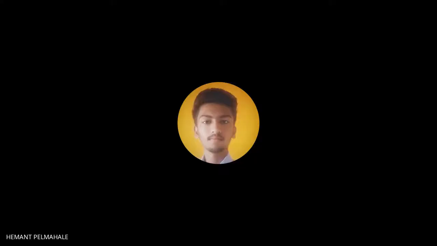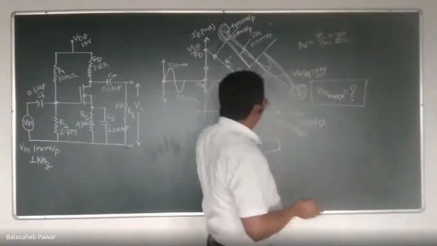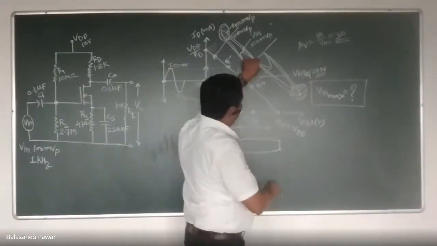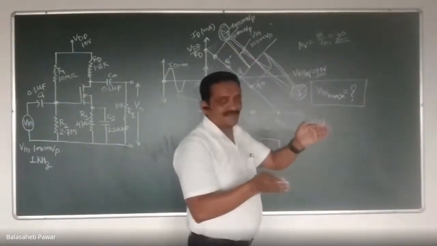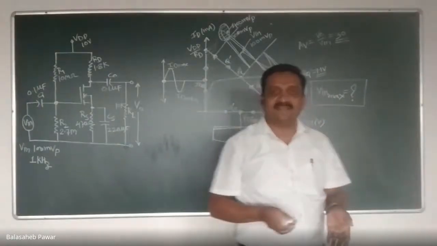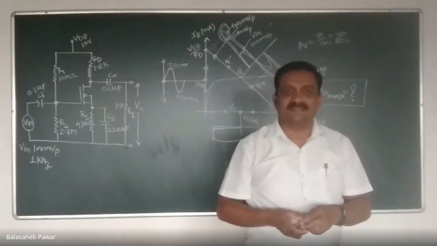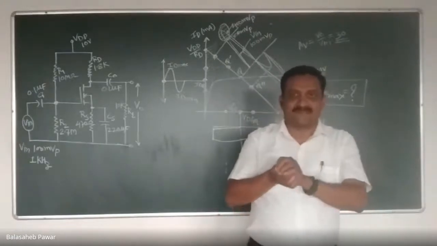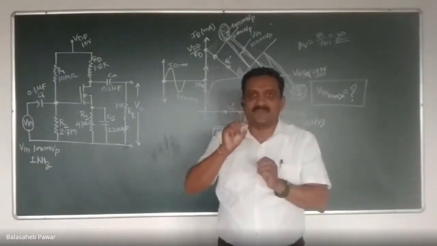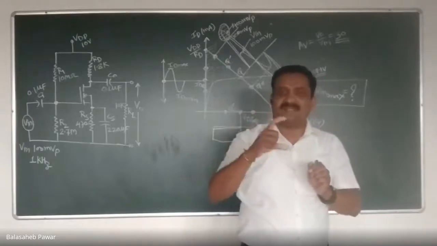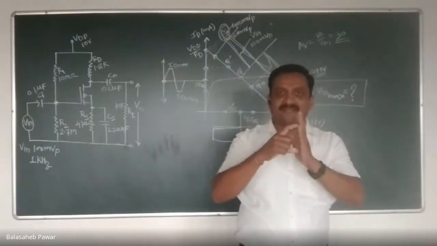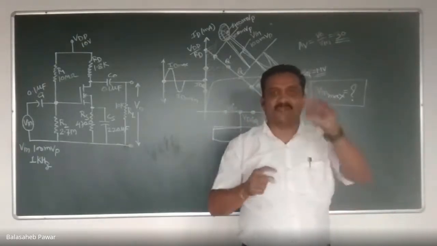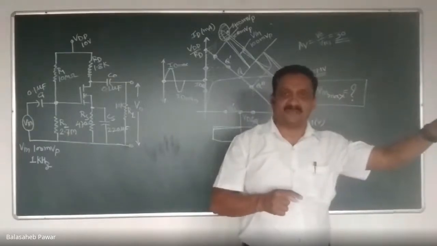Yes, sir. Okay. If I increase this input from 100 milli to 300 milli, how much will be the output voltage? It will again be 30 times because the gain remains constant. We are changing only the amplitude of the input signal. So whatever input signal I apply to this amplifier, it will amplify it 30 times and provide the output, right?